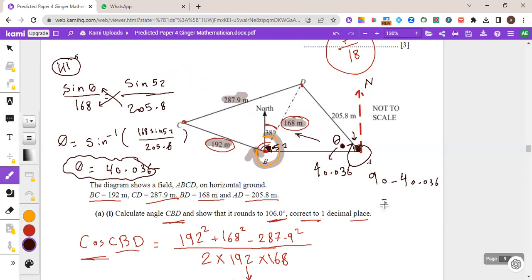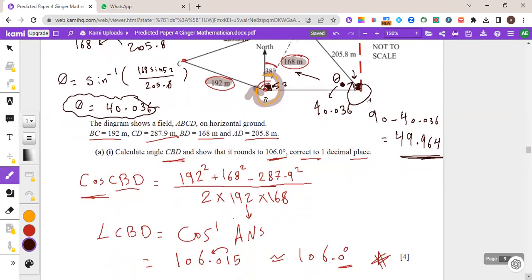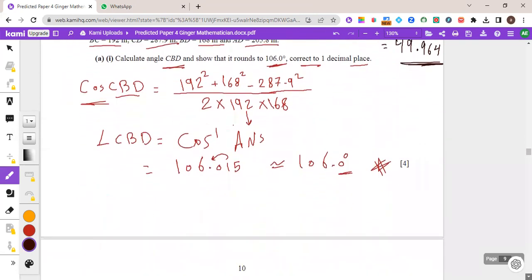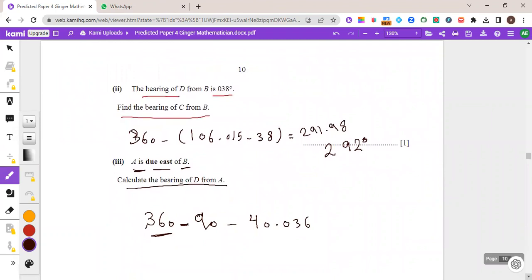What is the answer? 49.964. Yes, 49.9. Right? So subtract this amount from 360. Yeah, it's 310.036. Yes.